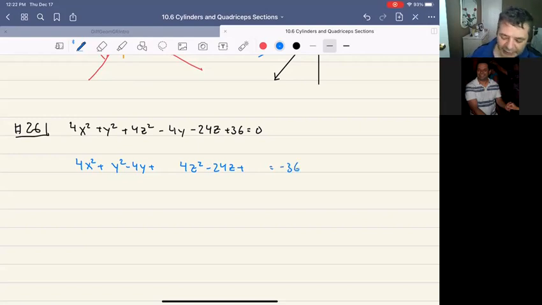Okay, now what am I going to do to complete the square? Here, I have to add 4 to both sides. Right? I take half of this 4, which is 2, and square it. Here I'm going to take half of 24, which is 12, and square it. That's 144.